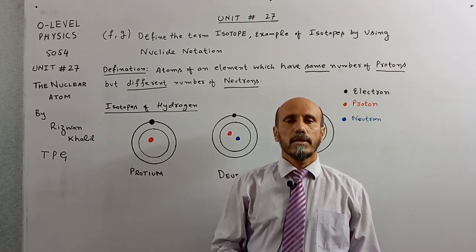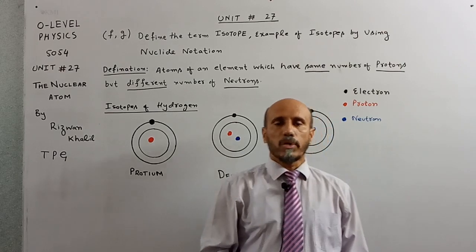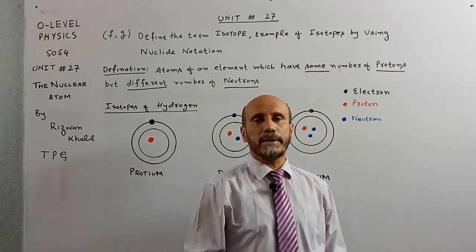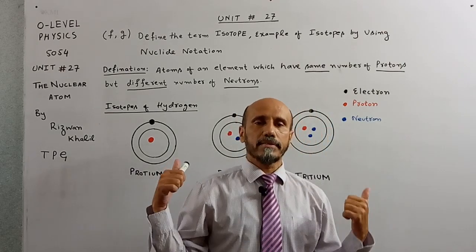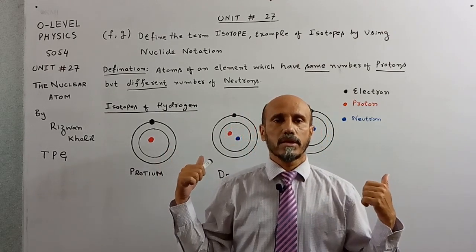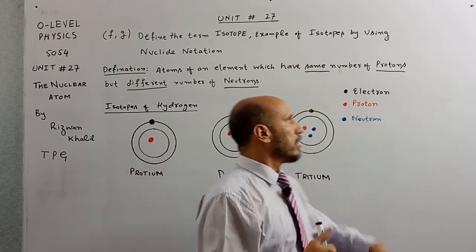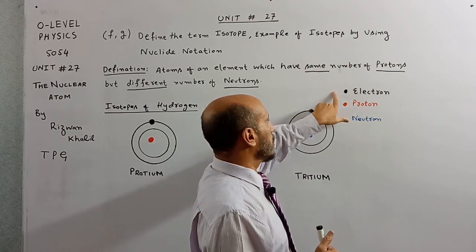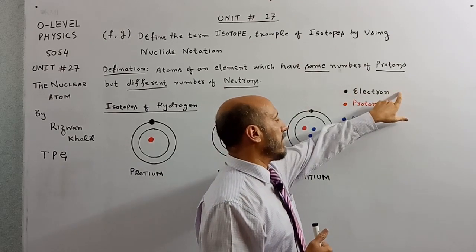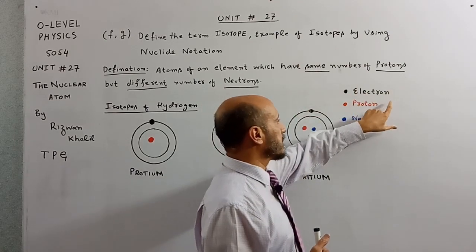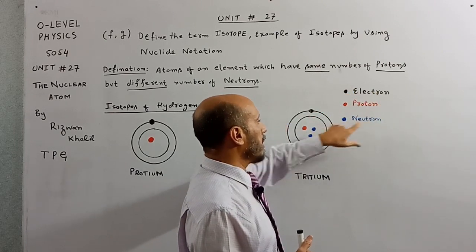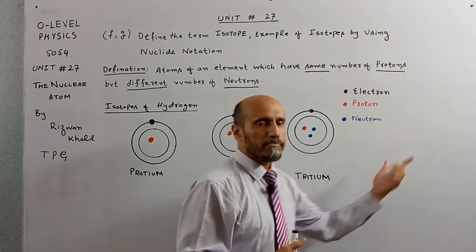Before we consider that example, we will consider the key used behind the diagrams on the whiteboard. Black color represents the number of electrons, red color represents the number of protons, and blue color represents the number of neutrons.